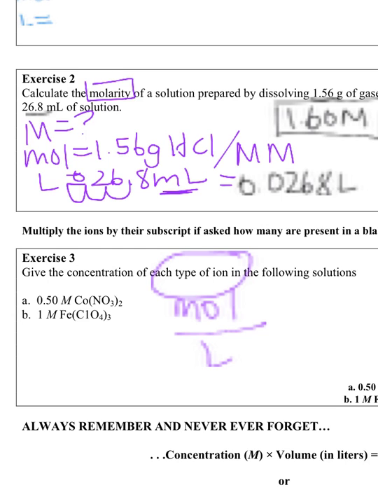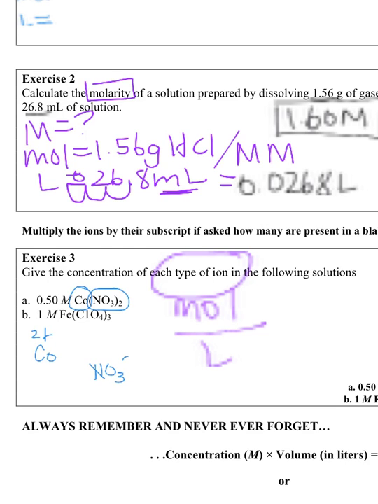We have to find the concentration of cobalt ions in this 0.50 molar solution, as well as the concentration of nitrate ions in this 0.5 molar solution. So if we consider what it looks like in our beaker, we have cobalt 2 plus ions that are floating in solution, and we have nitrate ions that are floating around in solution.